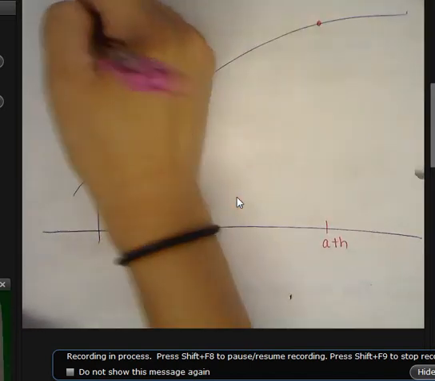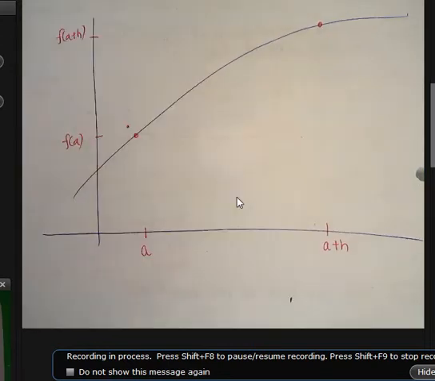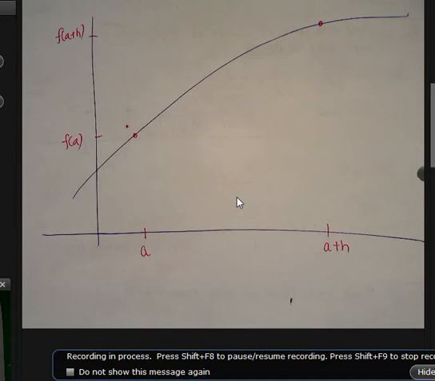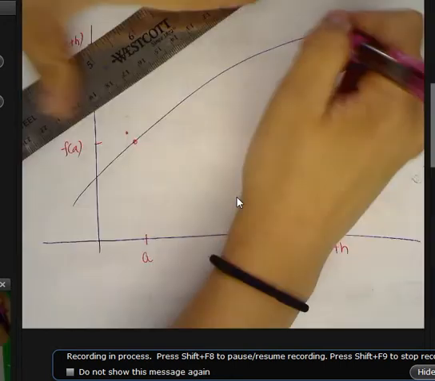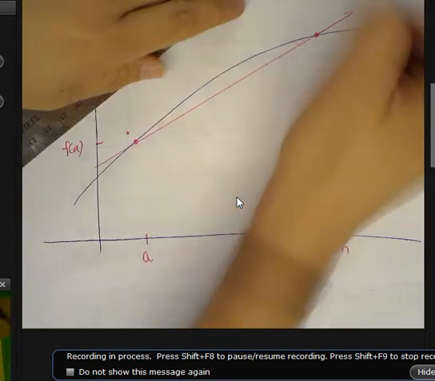This time it is like that because it's an increasing function. All right, so make a secant line.